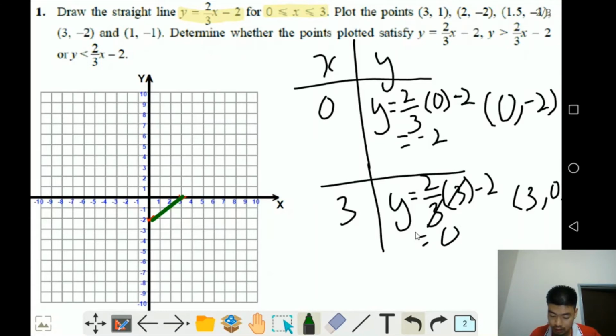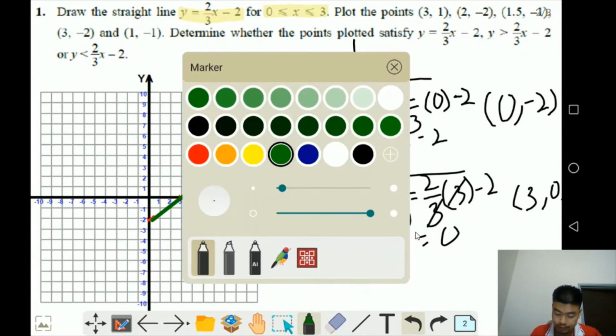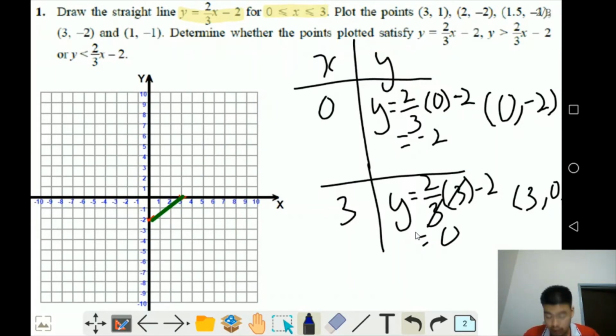Let me plot that. Blue point, (3, 1). Where is (3, 1)?